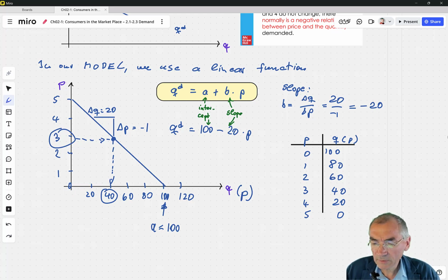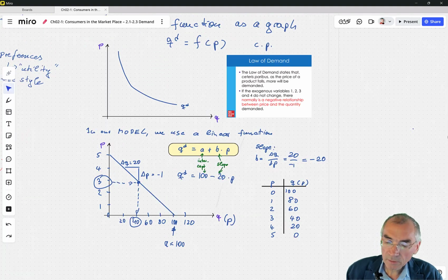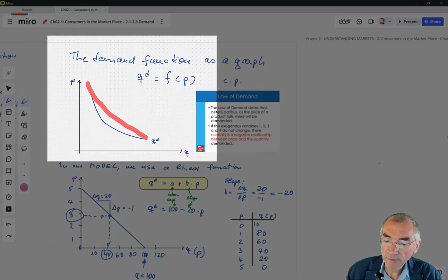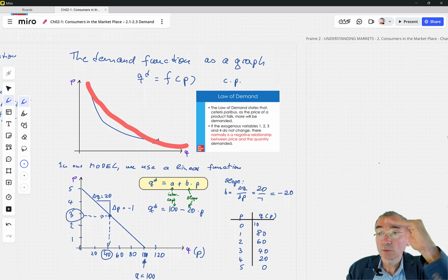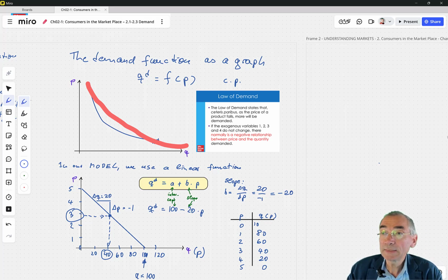Which also brings us to some limitation of our model, of the way to show this in a linear relation. Of course, in reality, there is no such thing as a price of 0 where people buy something, but it's more realistic to have a demand function that goes like this. When there's a high price, there's not a lot of demand, and if the price goes down, down, down, you see that demand increases, and it's normally not going to be at 0 somewhere here, but it goes in this direction and is normally only at a very low price.